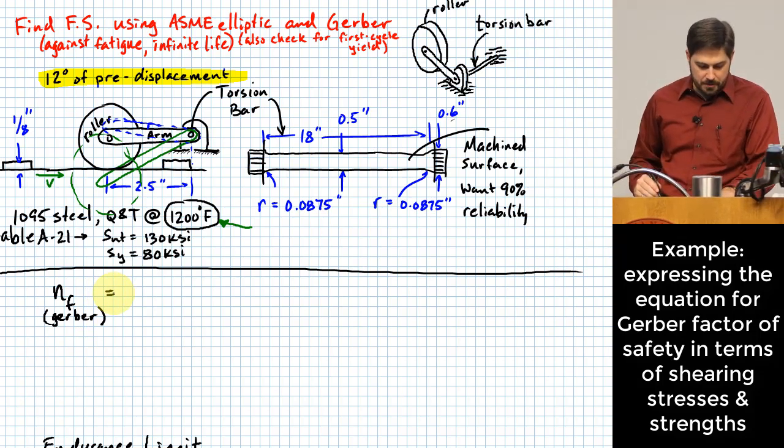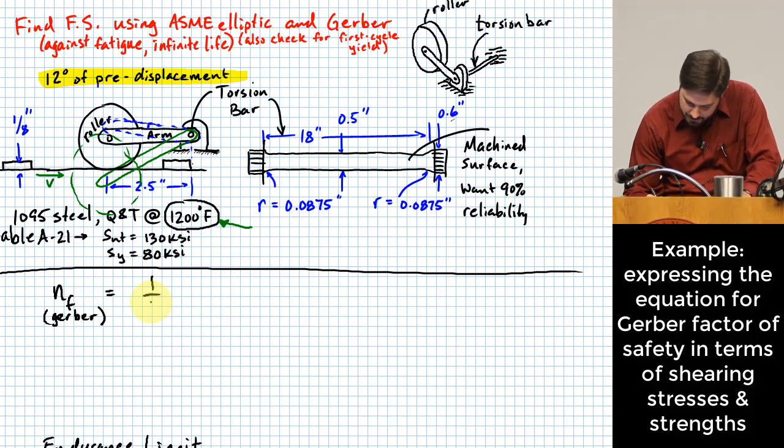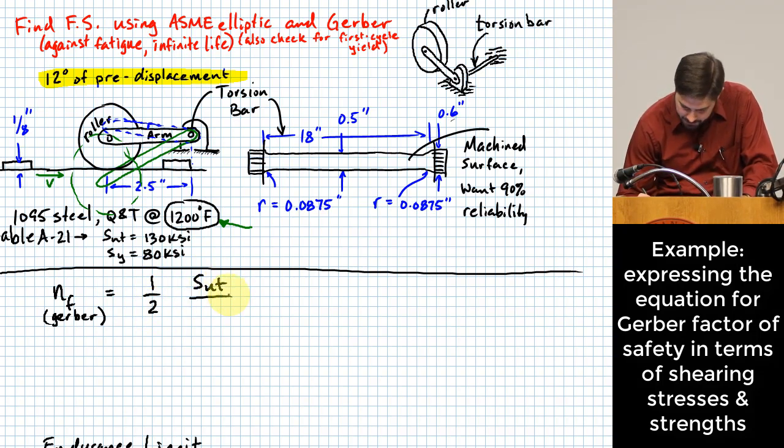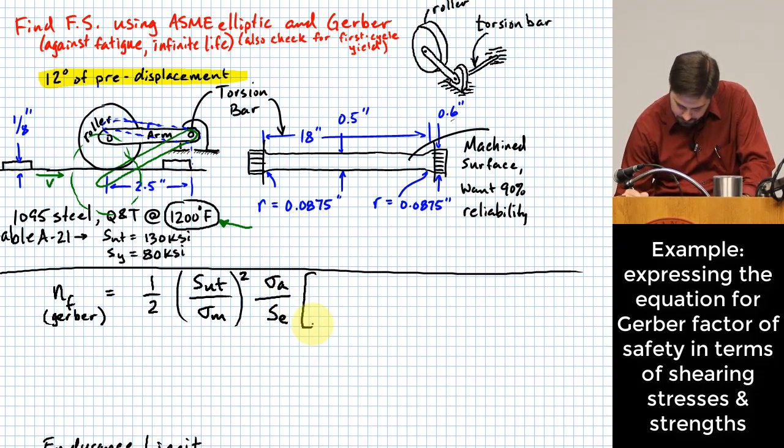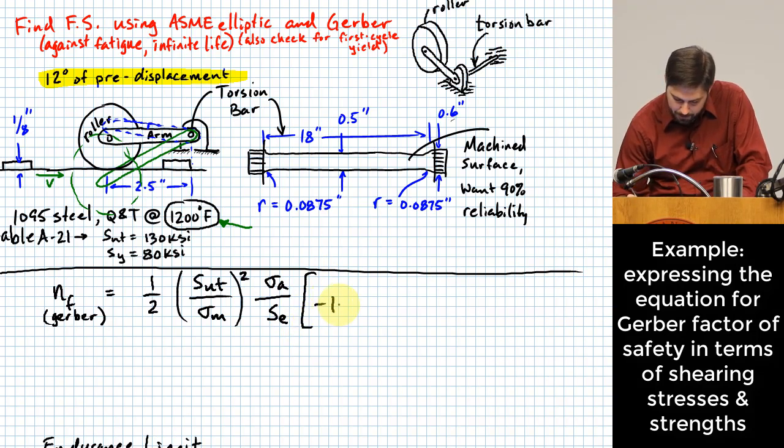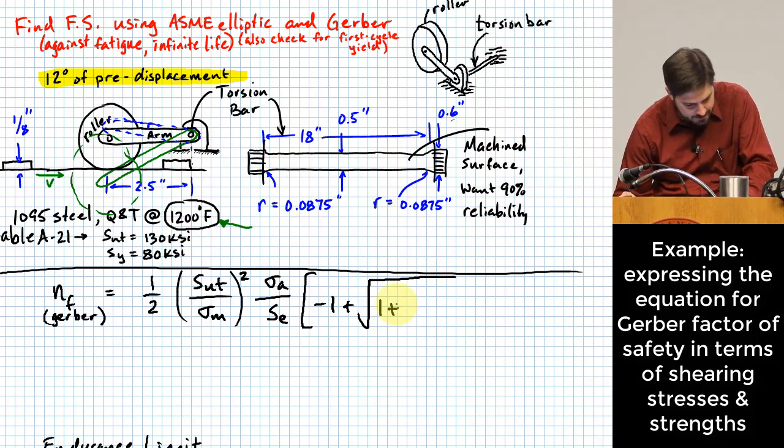It is going to be equal to, and there's a big long equation right here, it says 1/2 (S sub ut over sigma m) squared, multiplied by sigma a over S sub e, this gets multiplied by -1 plus square root of 1 plus 2 times sigma m, again that's mid-range stress, times S sub e.